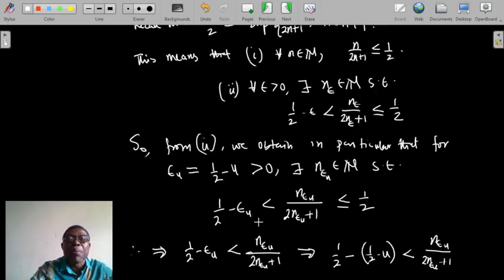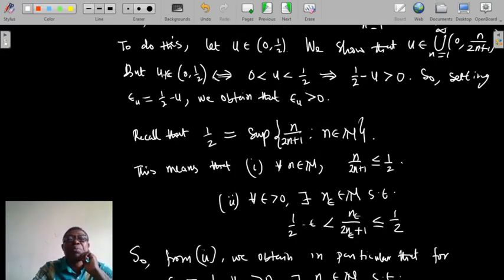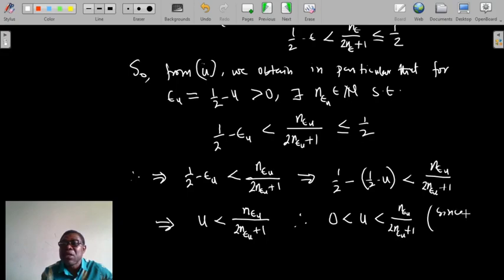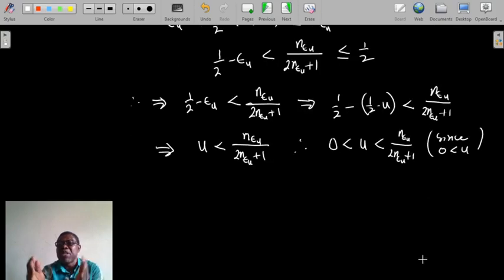But where did we pick u from? Remember that we picked u from the interval 0, half, meaning that u is bigger than 0. And since u is bigger than 0, I can now write therefore 0 is less than u less than n epsilon u all over 2n epsilon u plus 1, since 0 is less than u, from our choice of u, because we picked u from the interval 0, half.